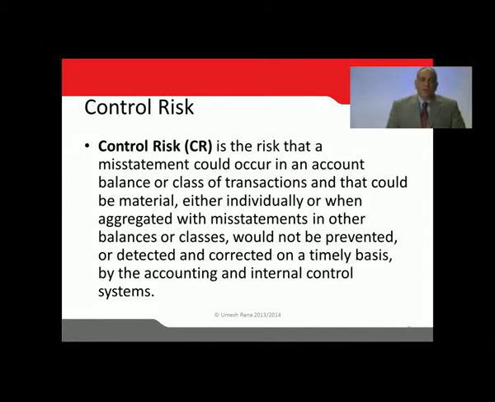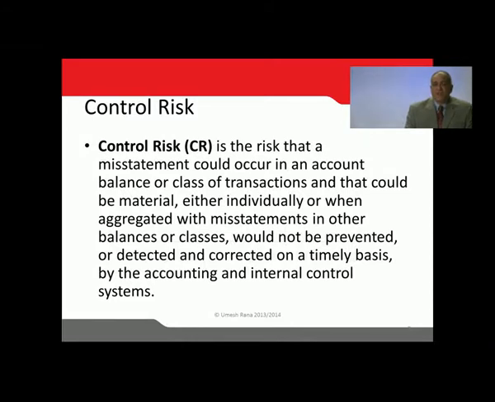We then move on to the second component of audit risk, which is control risk. Control risk is the risk that a misstatement could occur in an account balance or class of transactions that are not prevented from occurring because of a poor control system.